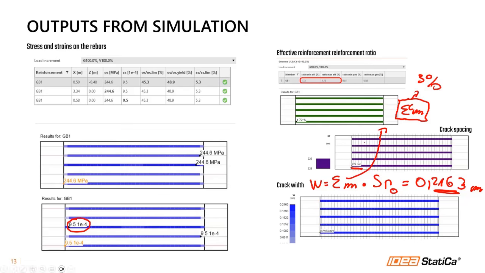That's dismissed for this solution, and you will get slightly higher cracks, which is basically on the safe side. Okay, so this is the approach for calculation of the crack width.